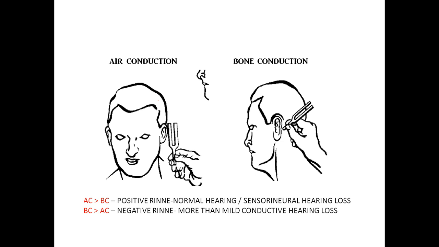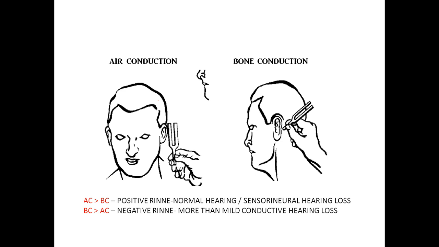For the interpretation, when air conduction is louder than bone conduction, it is a positive Rinne, which may indicate normal hearing or sensorineural hearing loss. In case of sensorineural hearing loss, you can also hear the air conduction better.